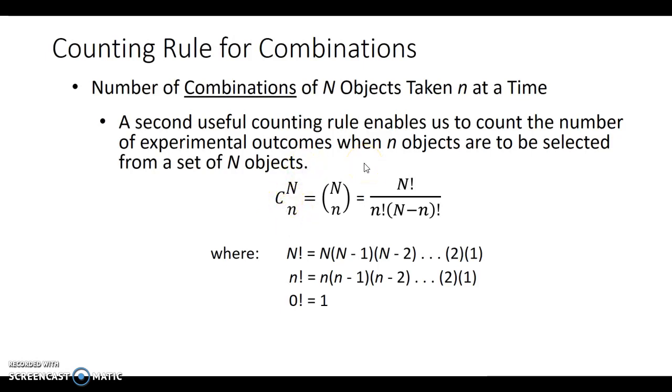Now, when we do a combination, the order we pick the shirts in is not important to us, only the colors. So if I pick a blue one and then I pick a green one, that's no different than if I pick the green one first and the blue one second. Just the fact that I have a blue and a green, that is one possible combination.